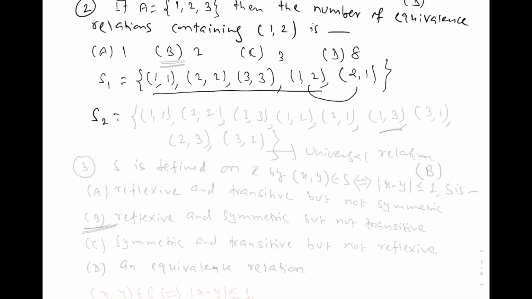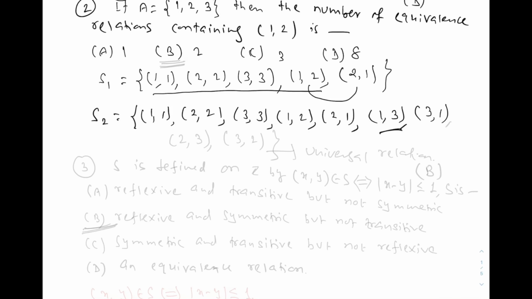Let us try for another. So (1,1), (2,2), (3,3), (1,2), (2,1), and let us add one more point, say (1,3). If I add (1,3), I must add (3,1) also because of symmetry.